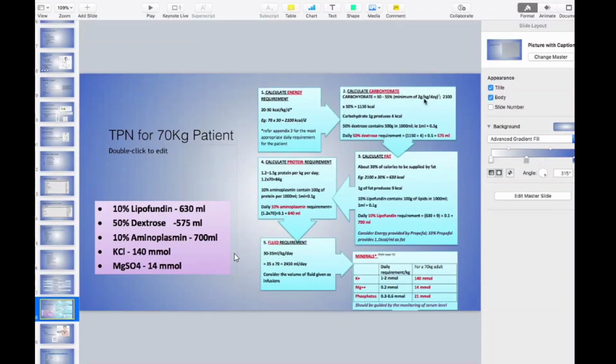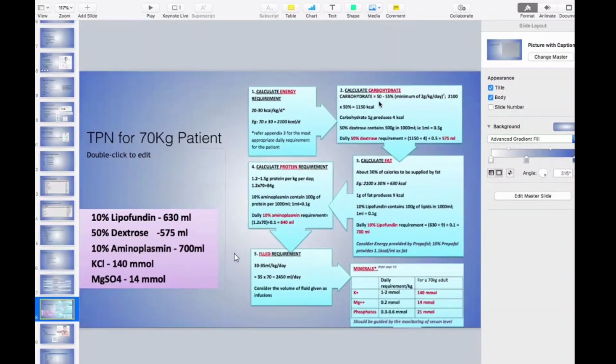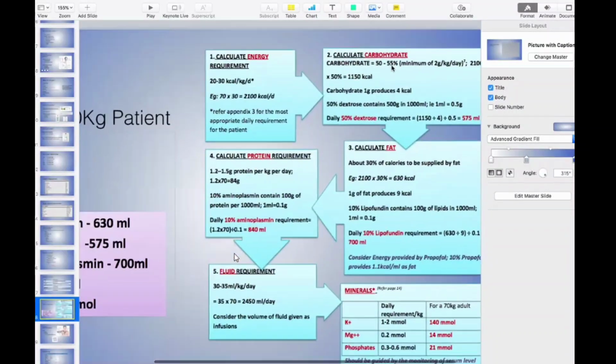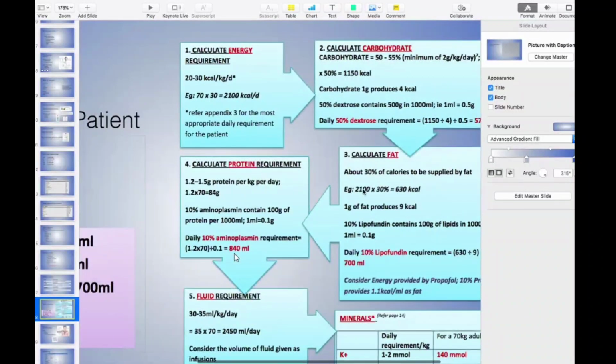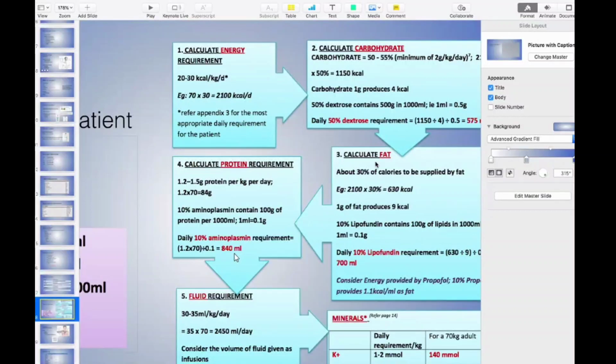From that, in this example, they have calculated 50% from the carbohydrate. So 1150 kilocalories should be given from the carbohydrate.